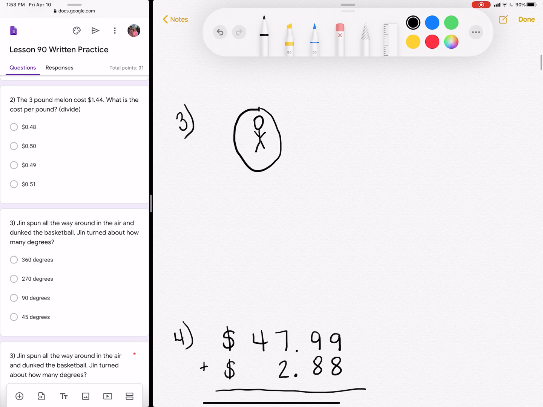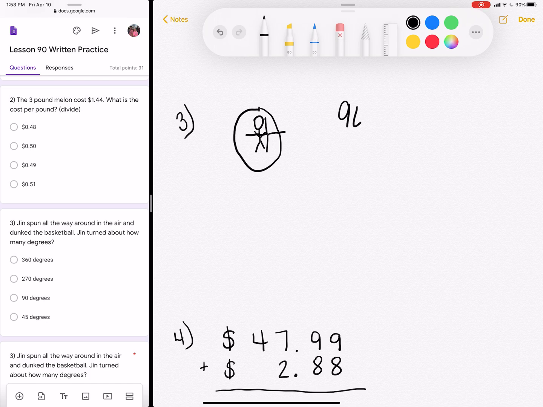Number 3, Jen spun all the way around in the air and dunked the basketball. Jen turned about how many degrees? So if he started here, once he got to here, that would be 90. Here would be 180, and he did that twice. 4 90s or 2 180s.